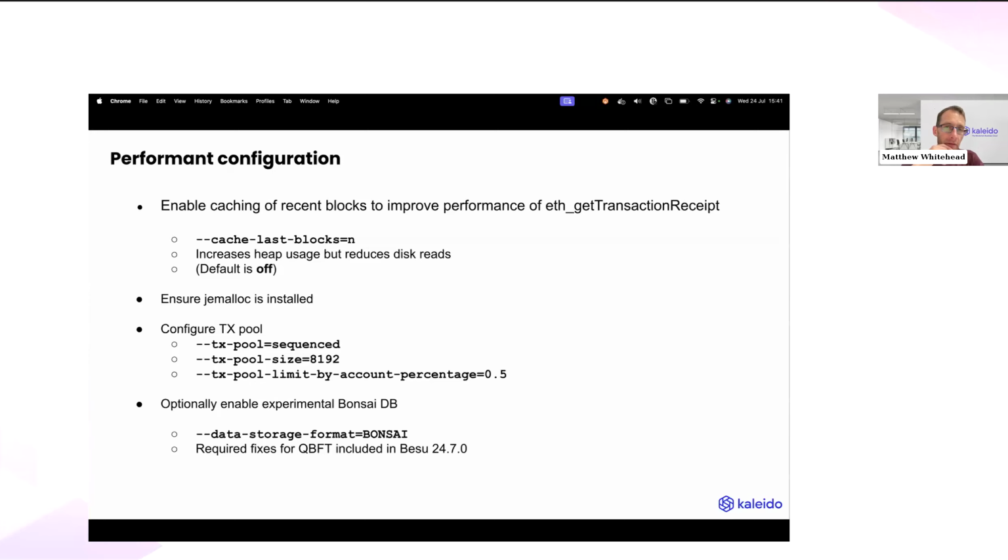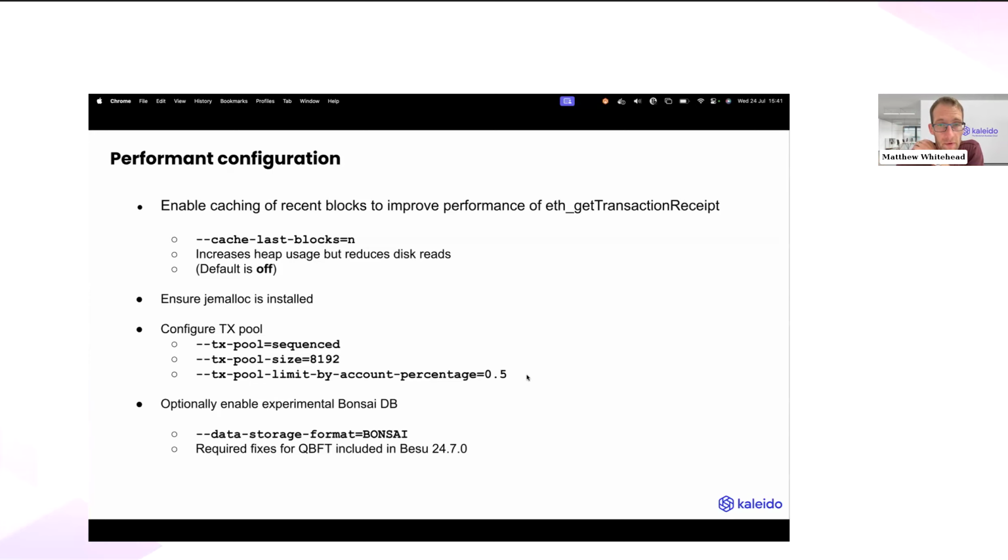So it's kind of smoothing out peaks and troughs in the CPU on the Caliper system, the CPU on the other QBFT nodes. A large transaction pool size means you're not going to hit an issue where the transaction pool is full quite as often. But you do need to make sure that you've got the memory to accommodate that.